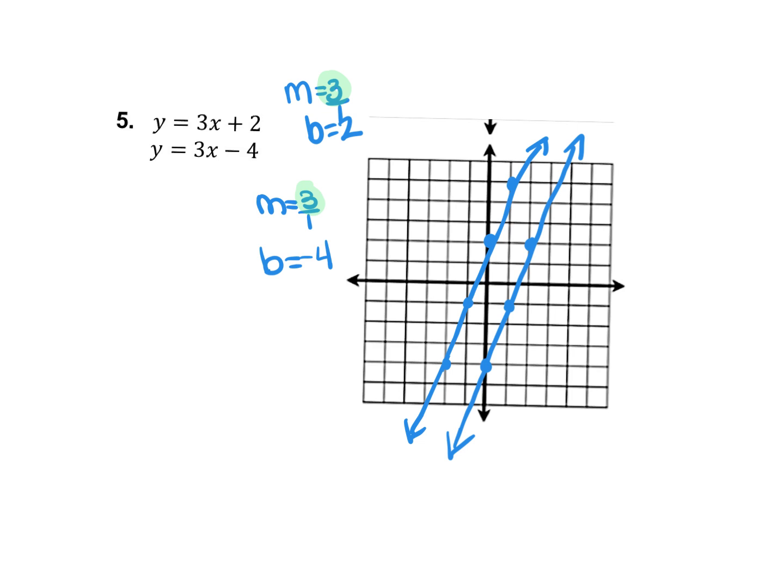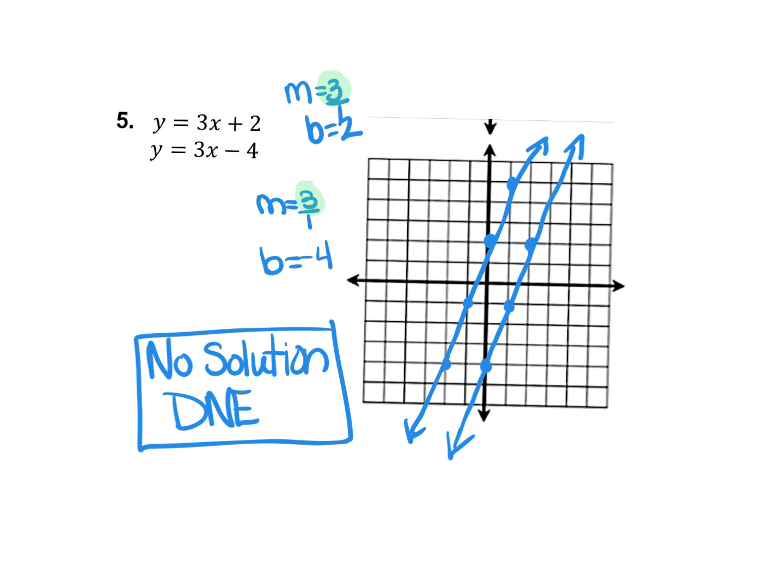There is never going to be a number or an ordered pair that would work for one equation that would work for the other one. So that is called no solution. And of course, when we put this into our Schoology, it will be called DNE.